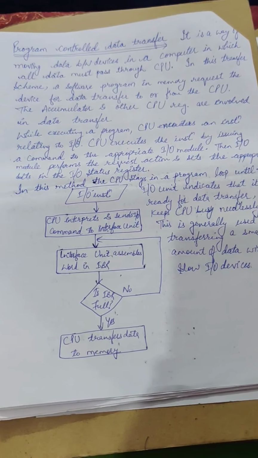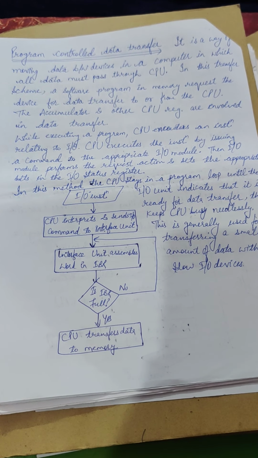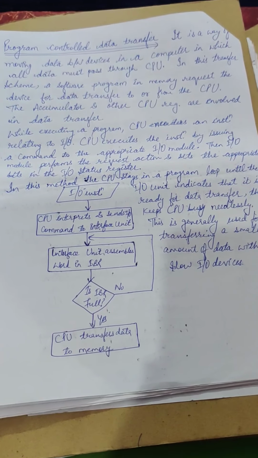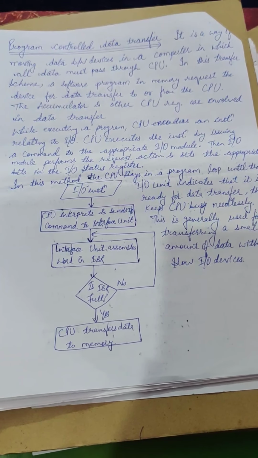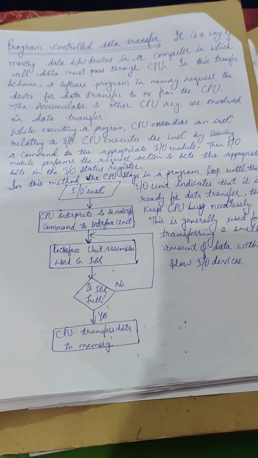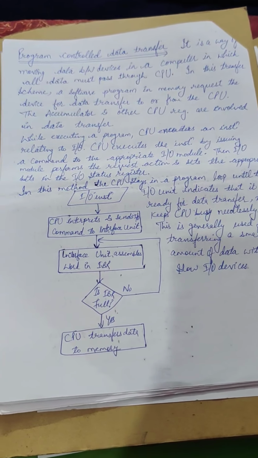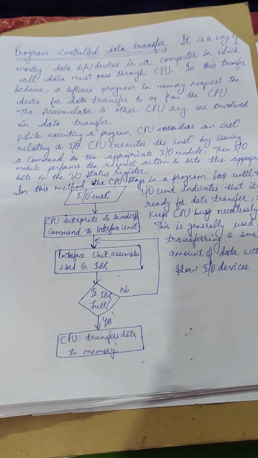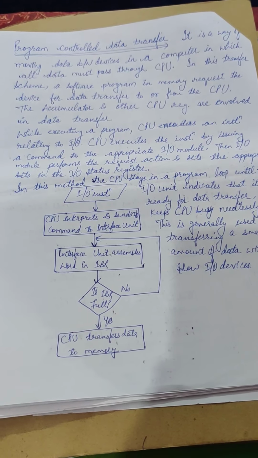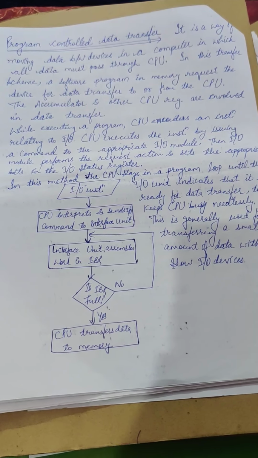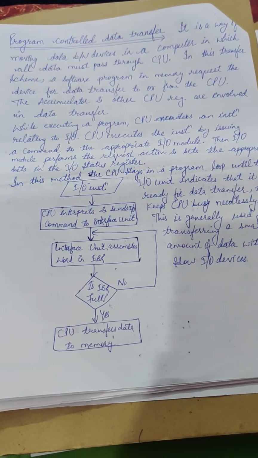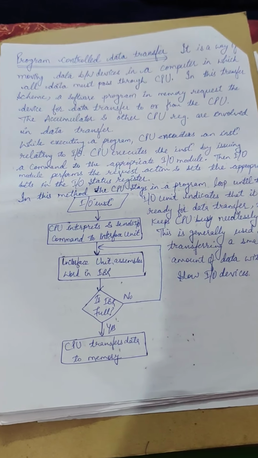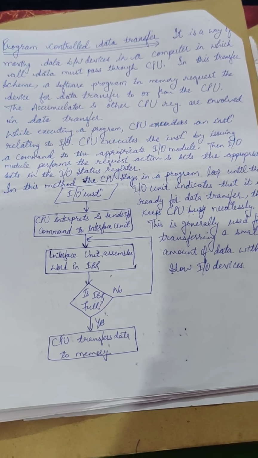In this, a program in memory requests the device to transfer data to or from the CPU. Either data is to be transferred to an input device or an output device, but it has to pass through the CPU. In this, the CPU and other registers are also involved in the transfer of data.